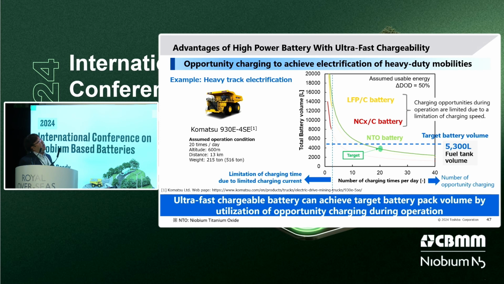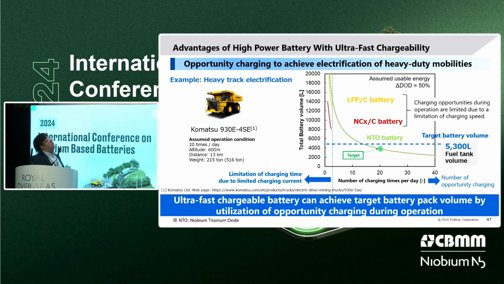And we set target battery volume as 5,300 liters. This is comparable to the fuel tank volume to be replaced by the battery pack. And for the LFP chemistry and conventional lithium-ion battery chemistry, the charging opportunity would be limited due to its low charging speed.